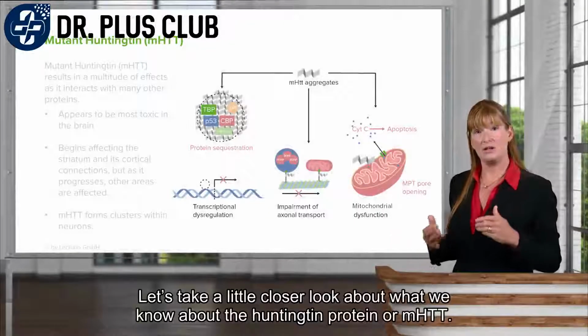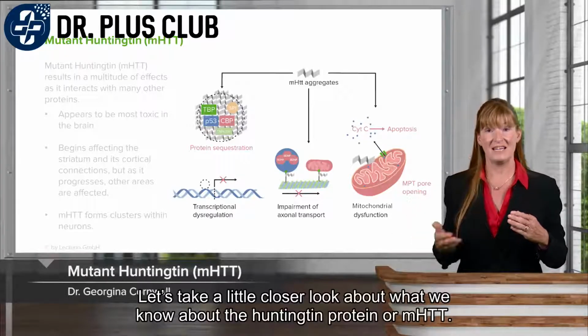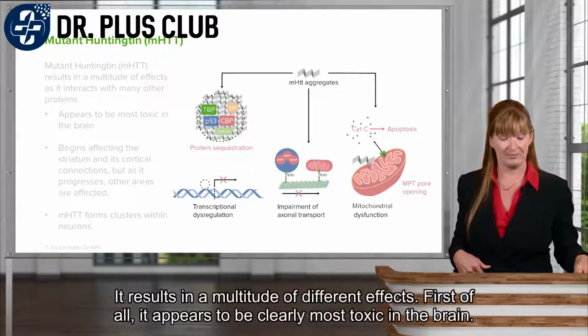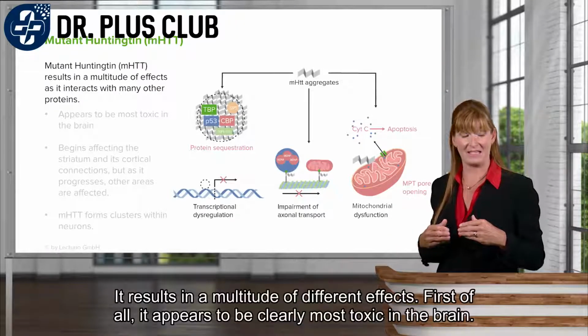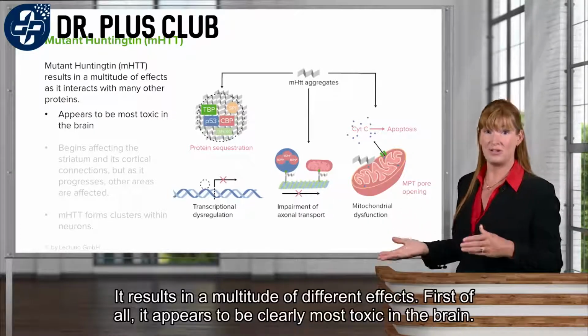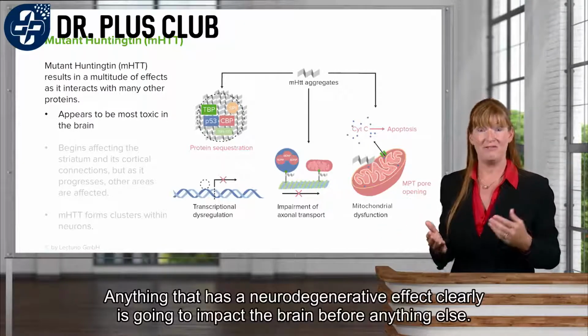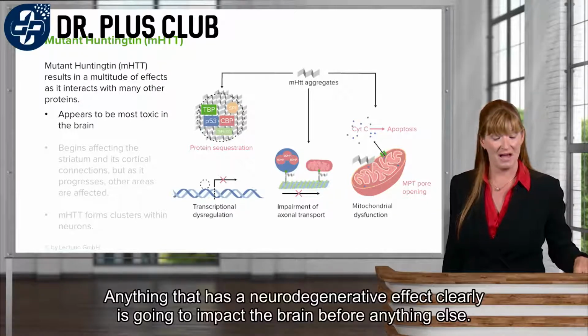Let's take a little closer look at what we know about the Huntingtin protein, or MHTT. It results in a multitude of different effects. First of all, it appears to be clearly most toxic in the brain. Anything that has a neurodegenerative effect clearly is going to impact the brain before anything else.